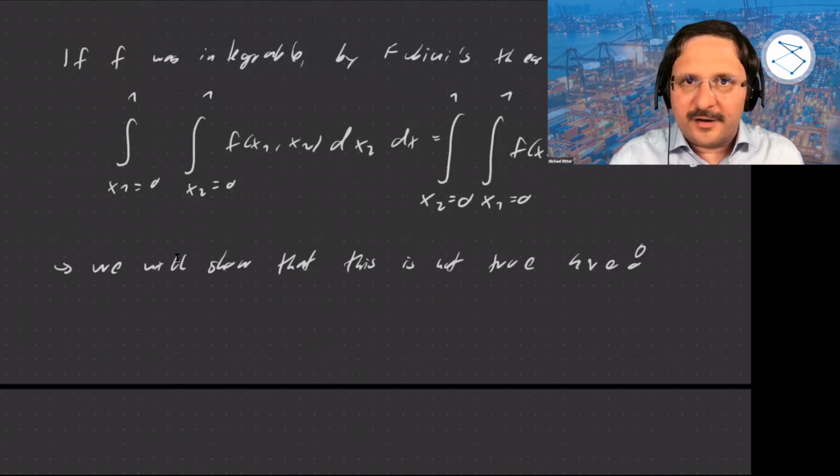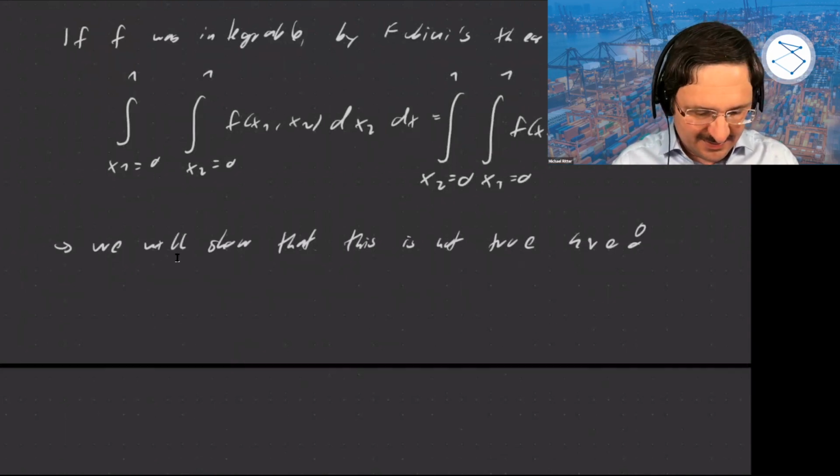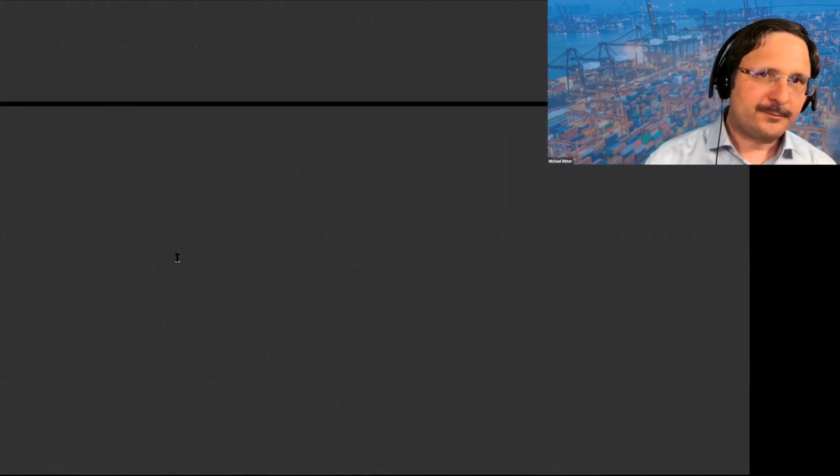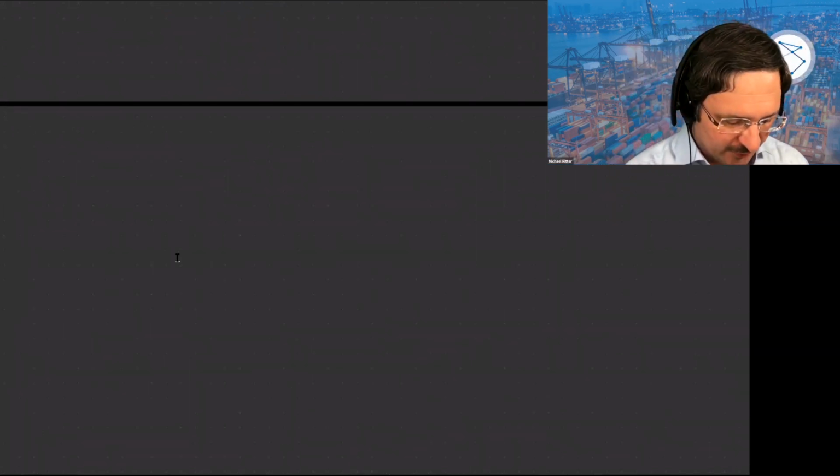And of course, integrating that function is not as easy as the other one was, but it can be done. So let's try to do that. We'll start with x1 as the inner integral.